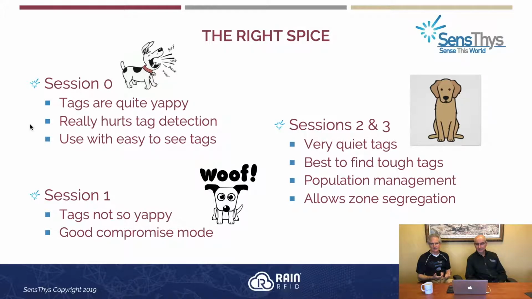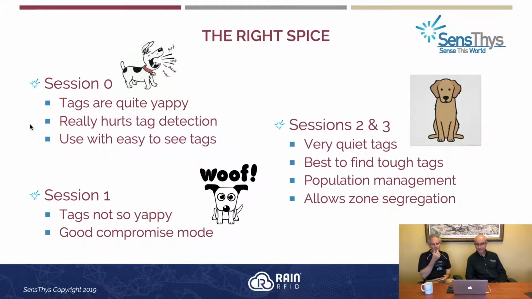If you're presenting them with a lot of tags in session 0, they're just overwhelmed by all the RF noise that's being thrown at them. If they're easy to see tags, however, you get really high read rates and you can track things. And really high read rates are one of the figures of merit in the industry. We're not a huge fan of it, but reading 1,000 tags a second is kind of fun.